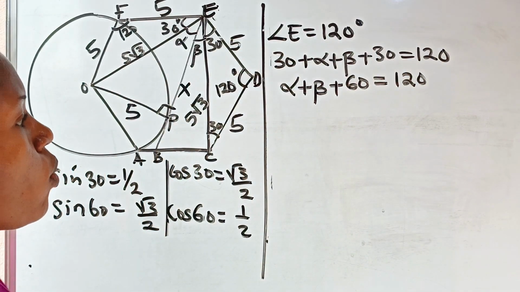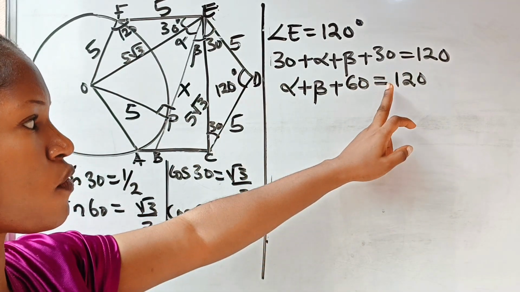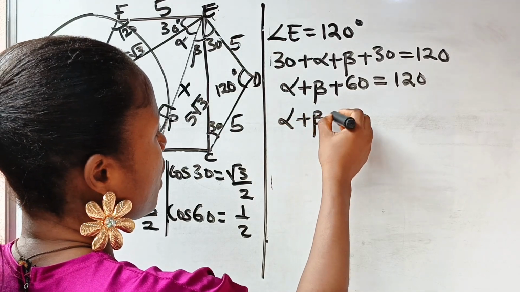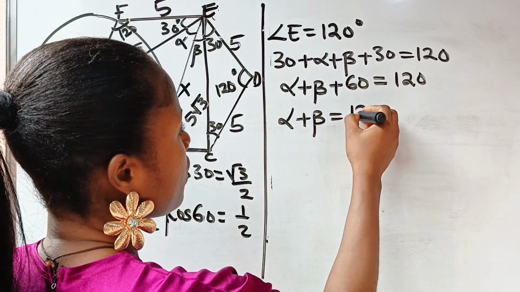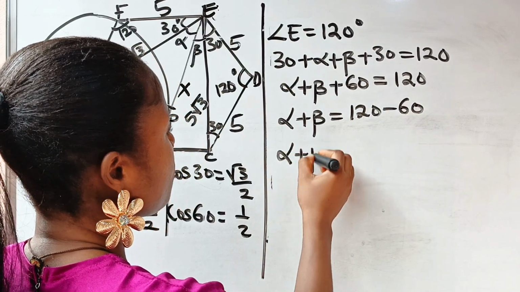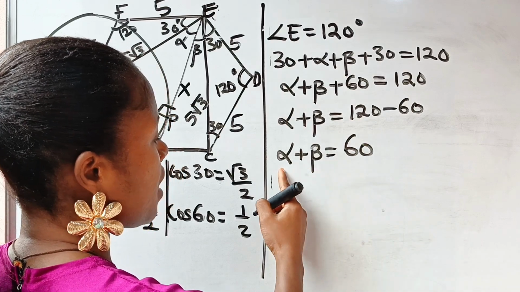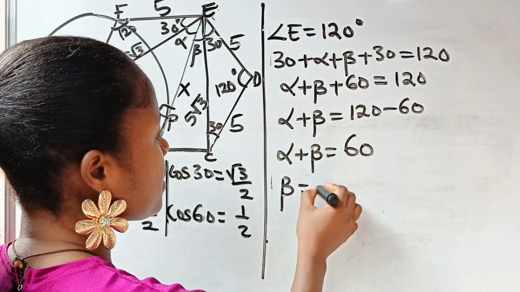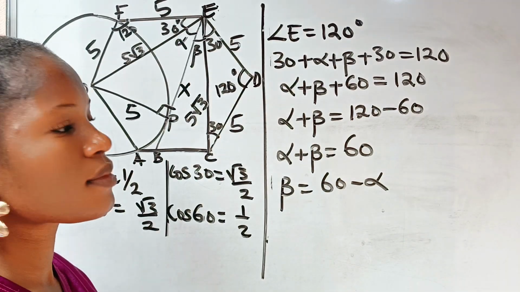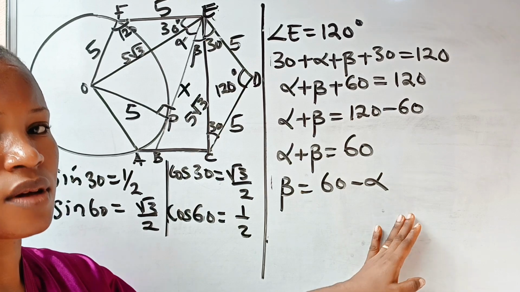Now, this 60, if we transfer it to this side, we have alpha plus beta is 120 minus 60. So alpha plus beta is equal to 60. So if you want to get beta in terms of alpha, beta is 60 minus alpha. All right, so beta is 60 minus alpha.